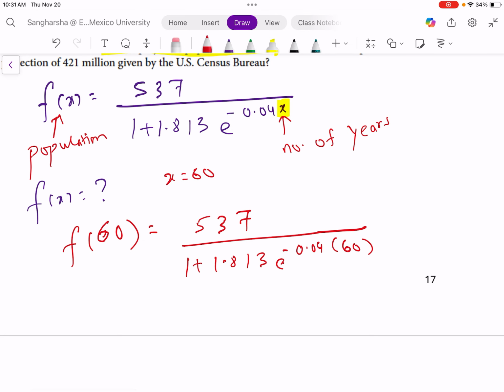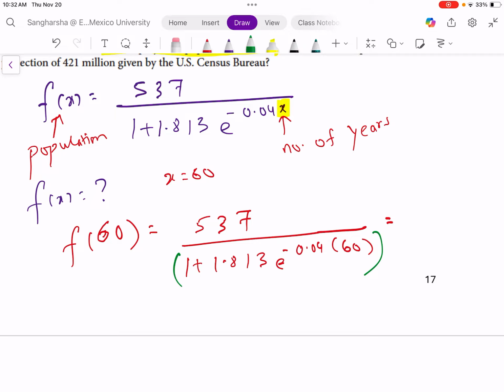Can you do this on your calculator? Make sure to have parentheses for your denominator. Type 537, divide by parentheses, and inside the parentheses type all these.